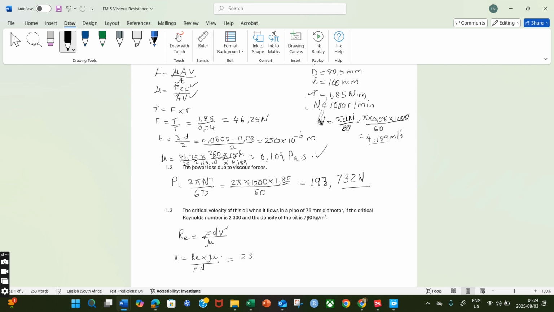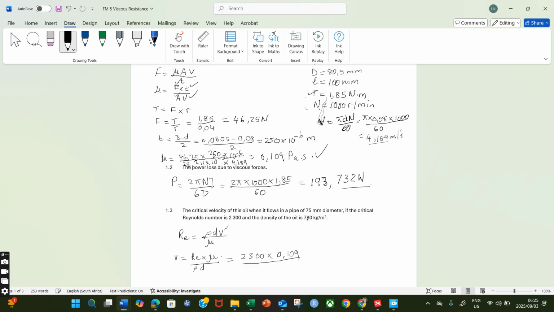We've been given that our Reynolds number is 2,300. We multiply this by the coefficient of viscosity that we've calculated, which is 0.109.